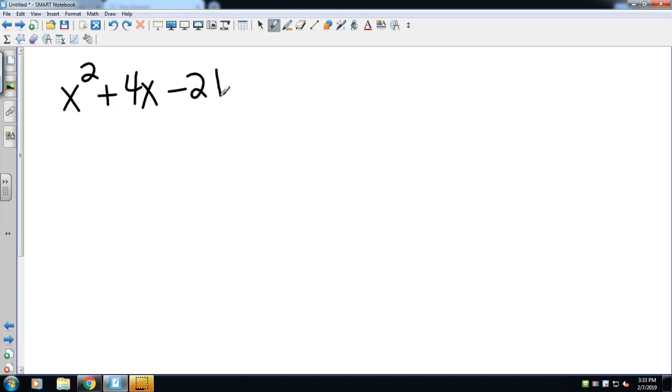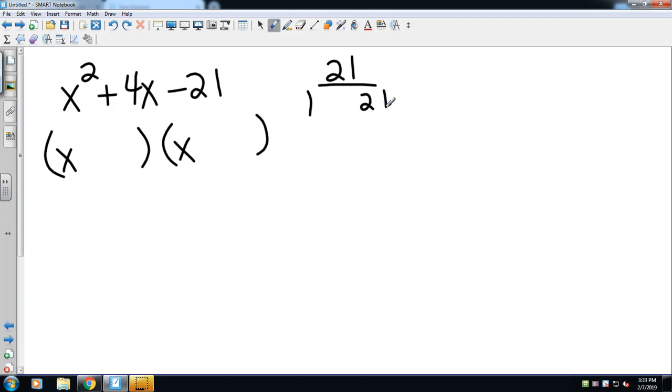First rule every time is we're going to start with two sets of parentheses. At the beginning, there's only one way we can get x squared, and that's x times x. Now we're going to do just the factors of 21. We're not going to worry about the negative sign right now. So that's 1 and 21, and 3 and 7.